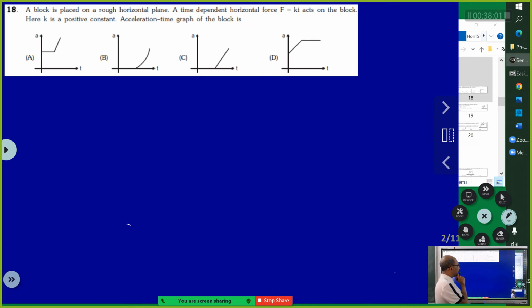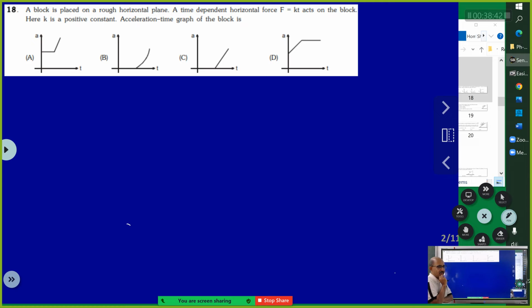So this is an acceleration versus time graph. What is your answer?